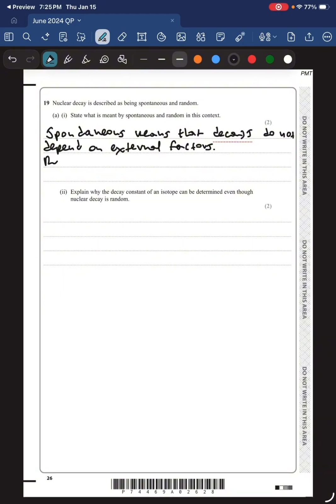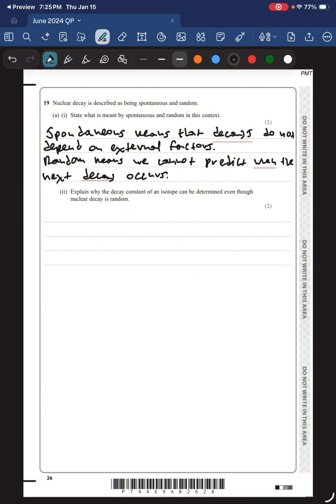And random means we cannot predict when the next decay occurs.